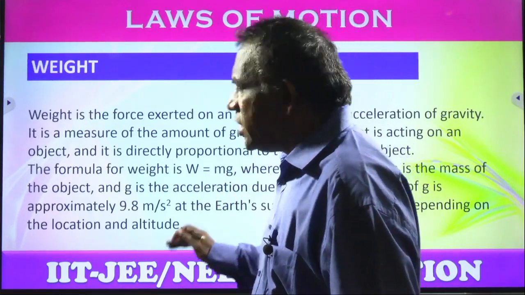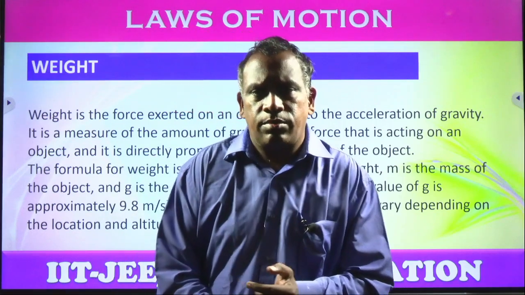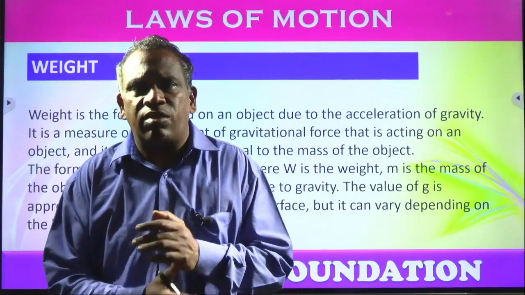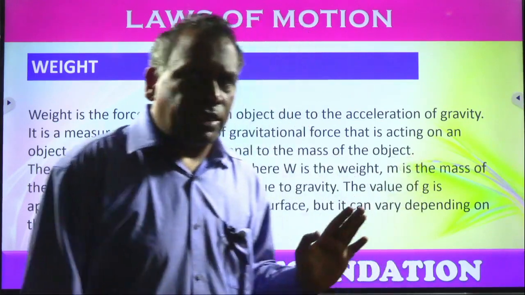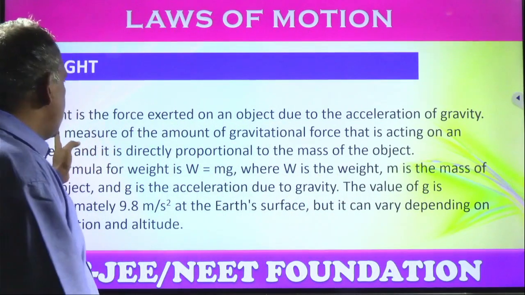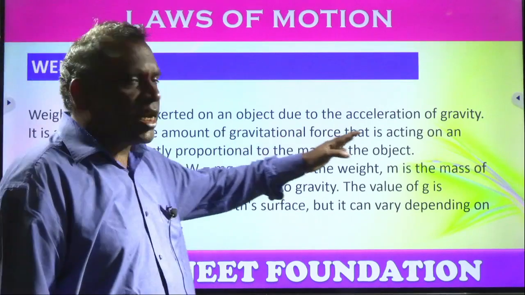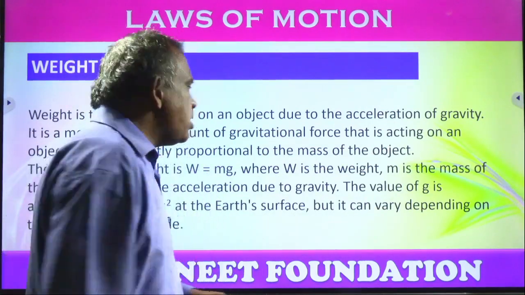Coming to the weight. Weight is another important force. It's the gravitational force exerted on the body. The pull of earth's gravity is called weight. The weight is the force on an object due to the acceleration due to gravity. What is the formula of the weight?